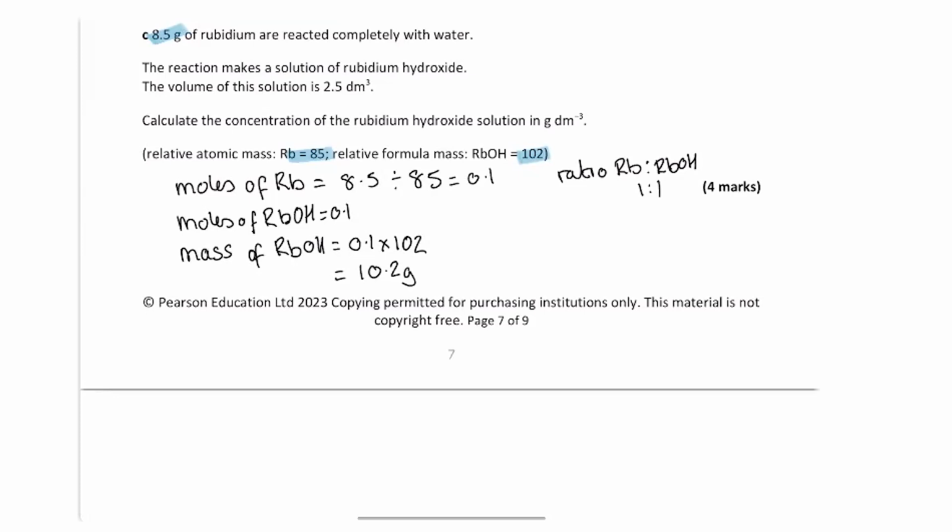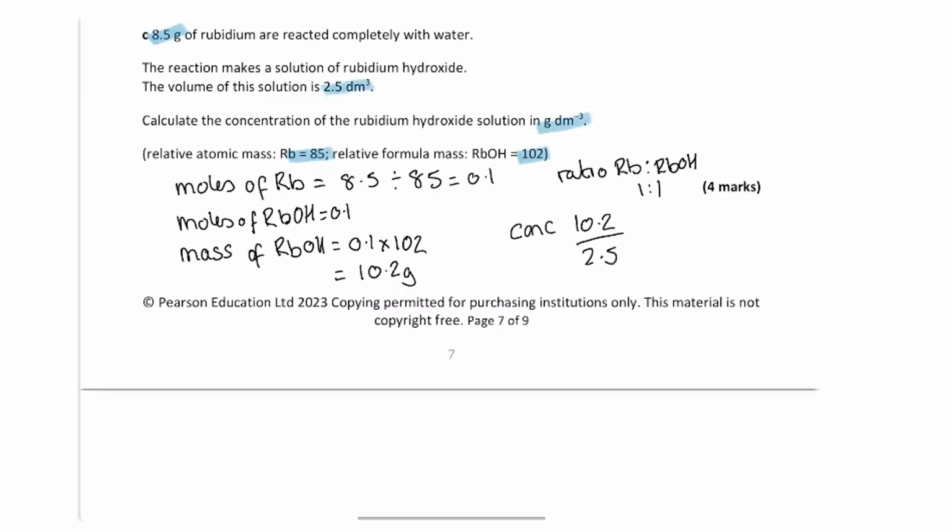But to get that final mark, because we are looking for the concentration in grams per decimeter cubed, and this is the hard part here, the really hard part of this, what we need to do is take the number of grams, which is 10.2, and divide it by the volume here.